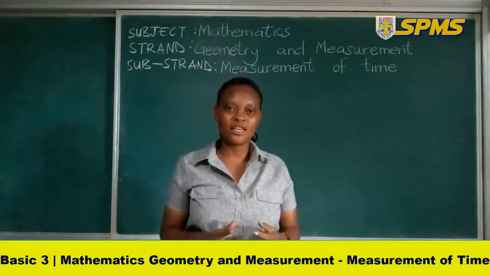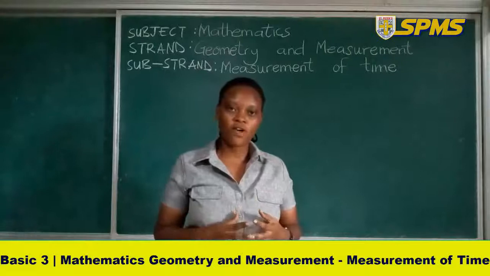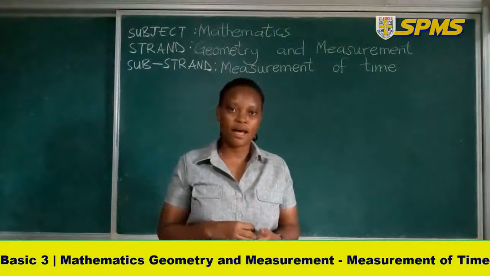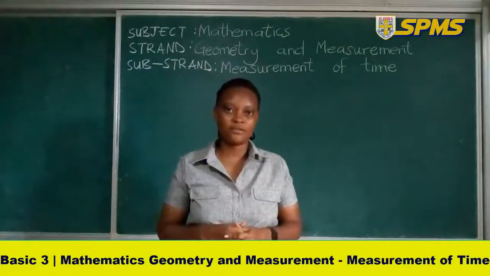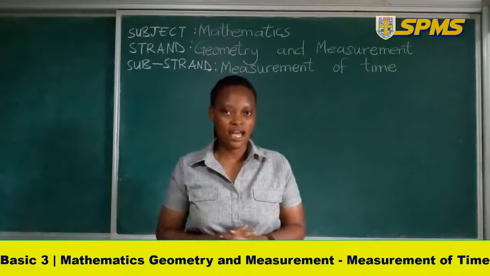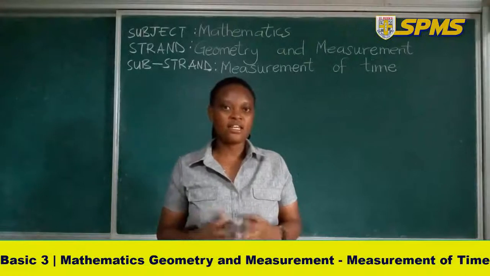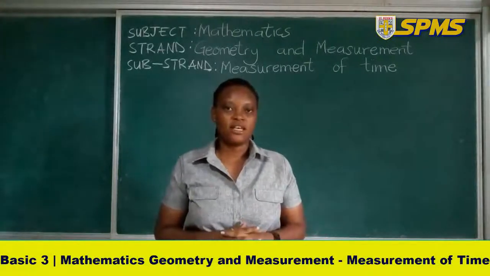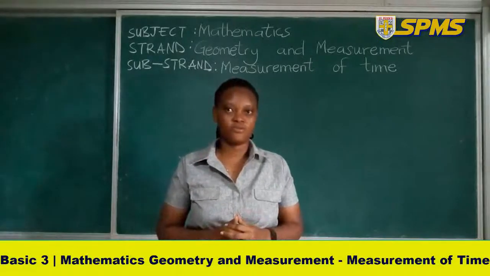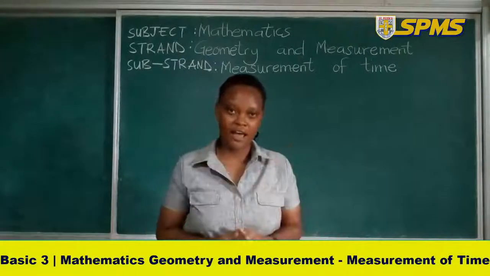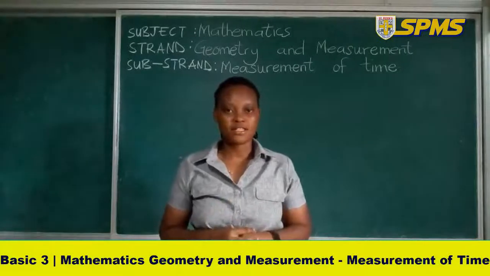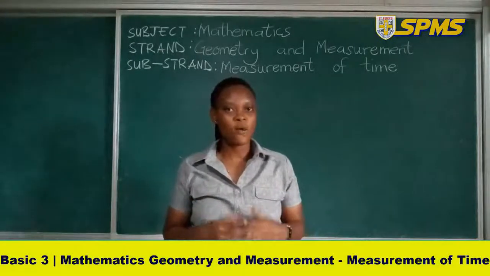So we said that the minute hand moves from 12 and back to 12 for the hour hand to move from one number to the other number. So the hour hand depends on the minute hand. The minute hand needs to complete its journey for the hour hand to move to make 1 hour. So we said 60 seconds make 1 minute, 60 minutes make 1 hour.